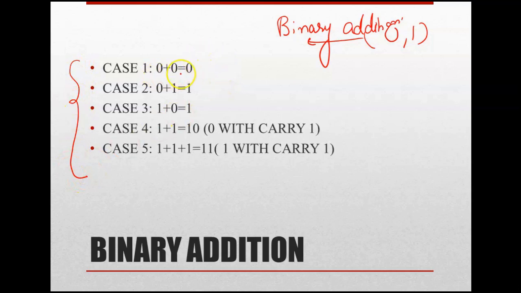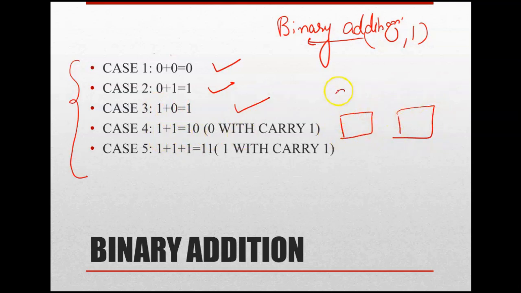We have 0 plus 0. If number 1 and number 2 are both zeros, the answer is 0. But if one of them is 1, you can see the first is 0 but the other is 1, in that case you get 1. Either the first is 0 or the second is 0, any one is 1, you get 1. If it is 1 and 1, you get sum and carry both.